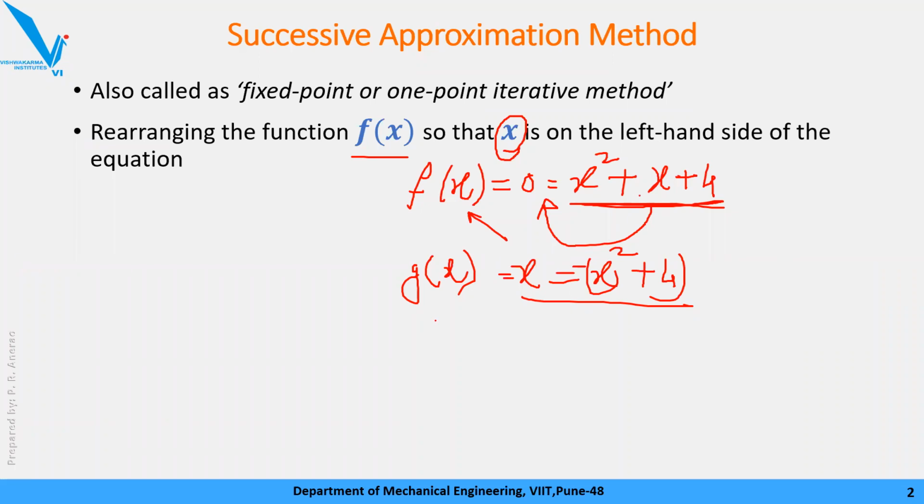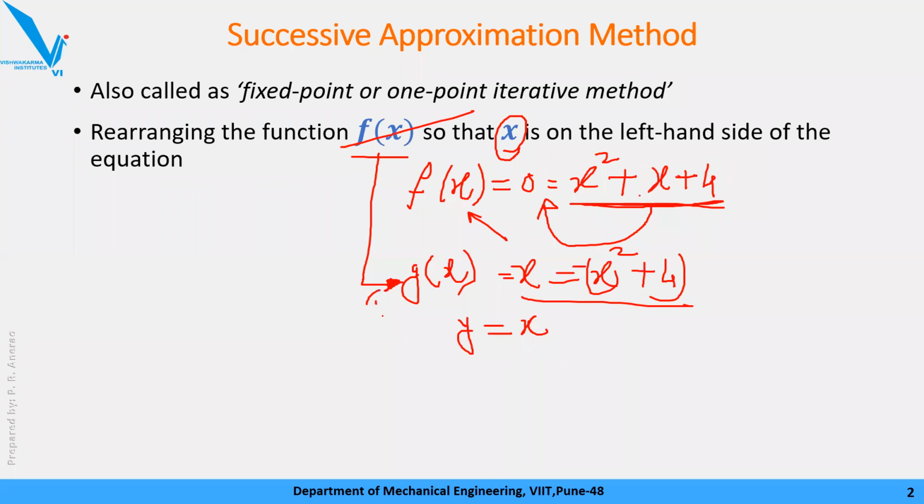Okay, and always there will be one more function which is y equal to x, one linear function y equal to x. Okay, तो हम क्या करते हैं in the successive approximation method, we rewrite the function in the form of g of x, and we forget about this f of x. Then we take an additional function which is y equal to x.